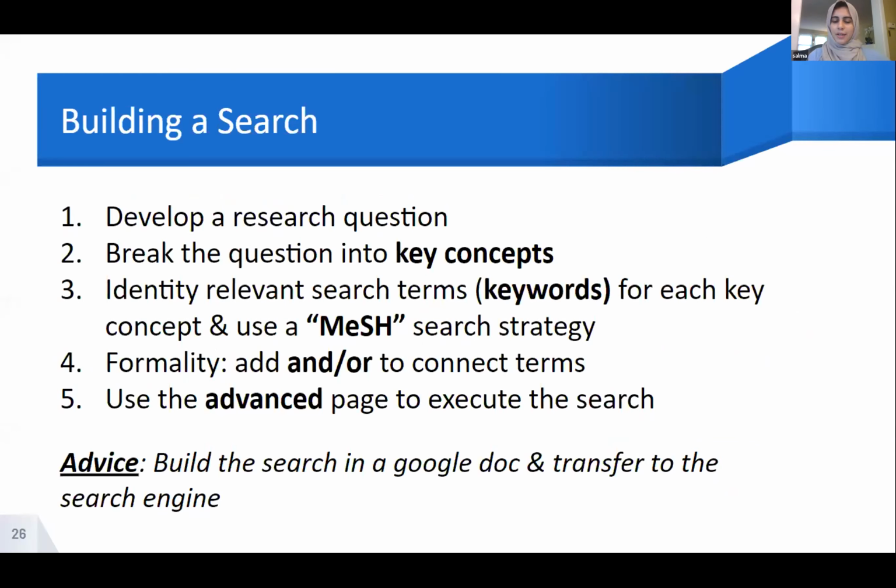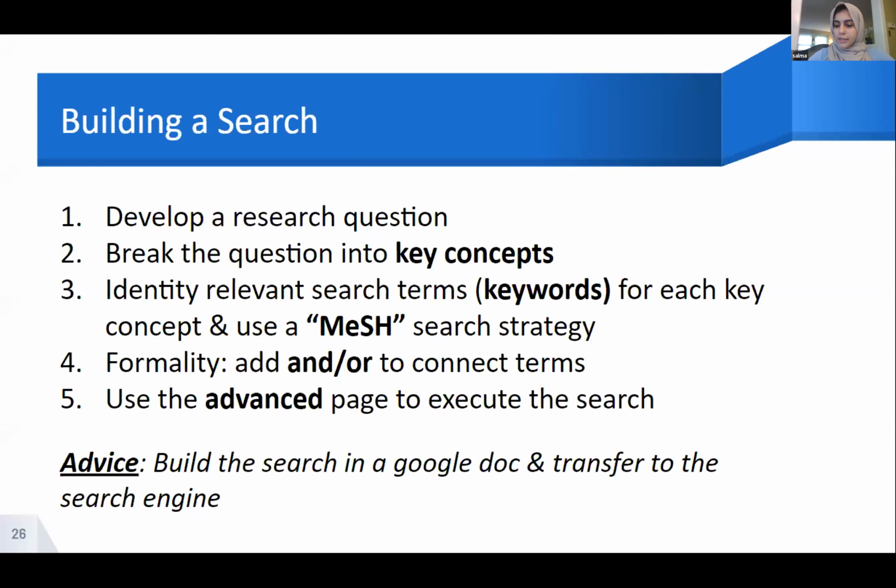They're pretty much synonyms for your key concepts, just to expand your search. And then PubMed and some other databases have a MeSH search strategy, which I'll briefly go over. It's really useful, and basically makes sure that you're getting all relevant papers in your topic. And then there's formality, so making sure that you're using AND or OR when you formulate your search, and then using the advanced page to execute the search.